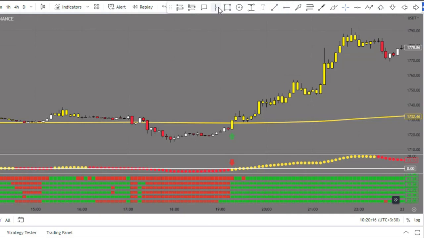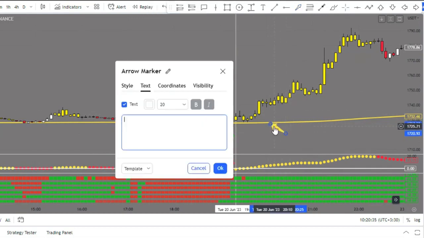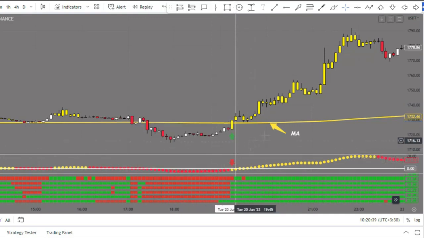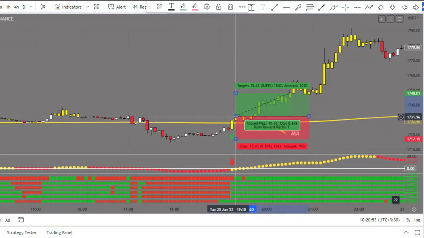Then wait for one of the columns of the 10 indicators in 1 indicator to turn completely green. And lastly, make sure of the bullish trend of the higher time frame, so the price is going to need to close above the EMA indicator line. Now, if all these conditions are met, you can enter a buy trade.